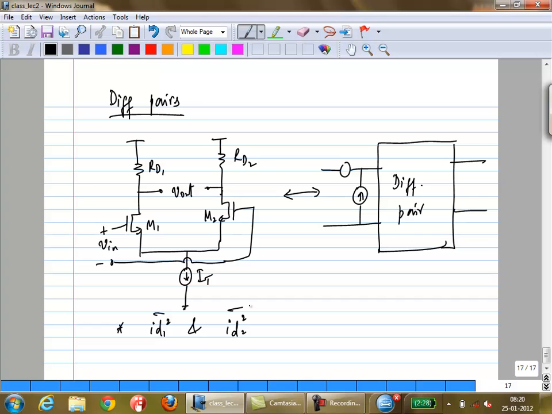So if you look at the transistor noise, it's ID1 squared and ID2 squared. Since they're coming from 2 totally different transistors, those 2 noises are completely uncorrelated. In other words, when you do your normal diff pair analysis, you separate it into the half circuit and then calculate the gain and so on, the transconductance gain and so on.